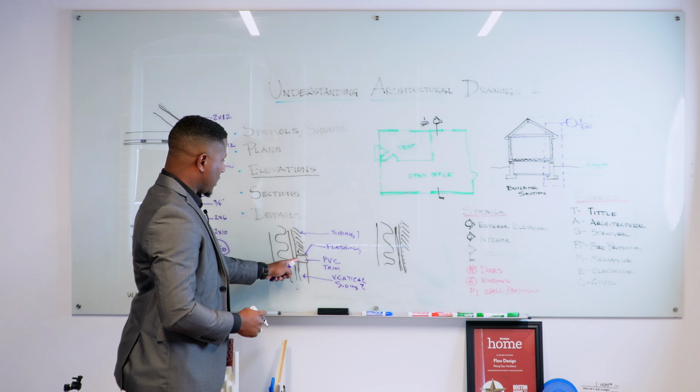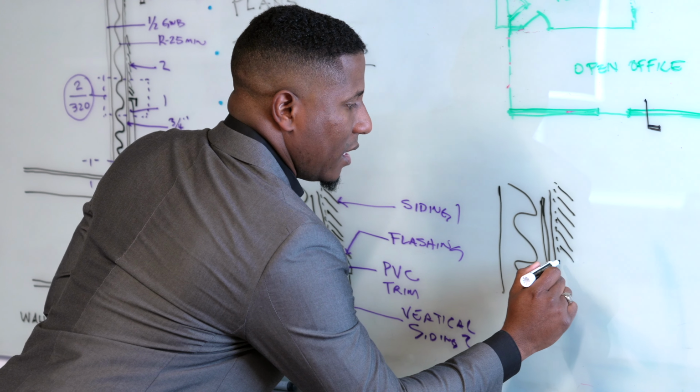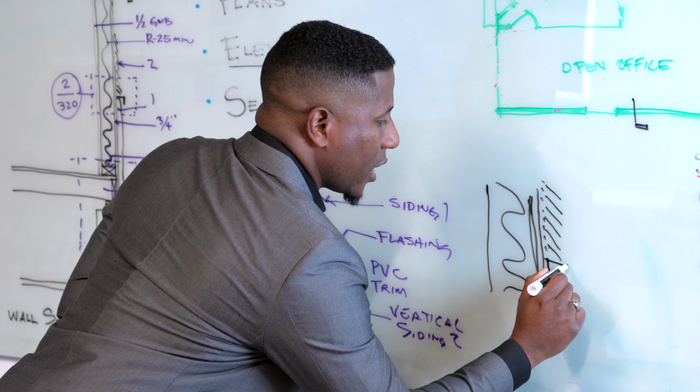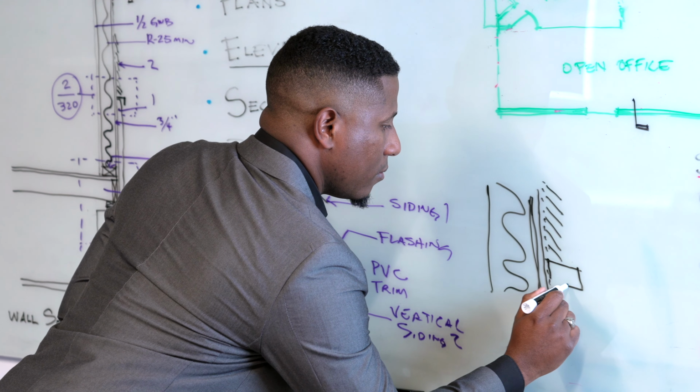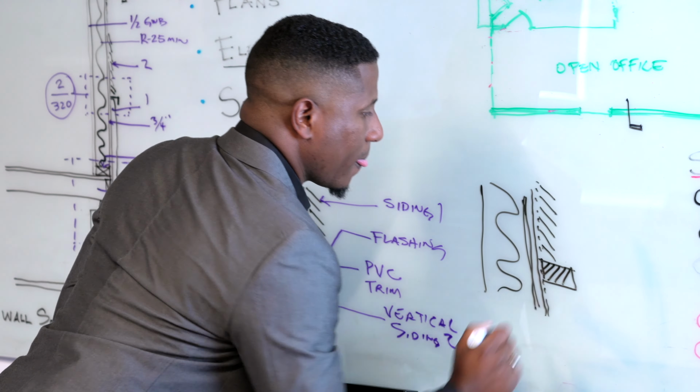So instead of having this detail here like that, you might have, I don't know, maybe a piece of brick, let's say like that. This is the symbol for a brick.